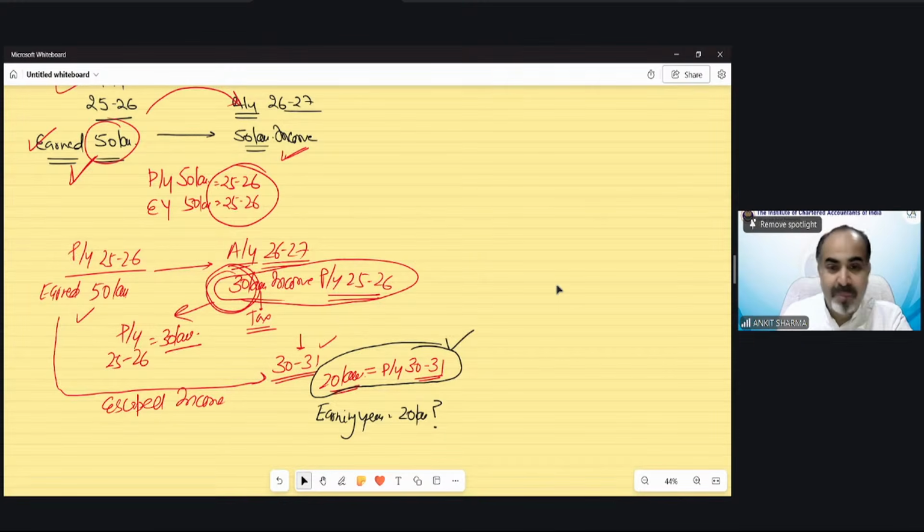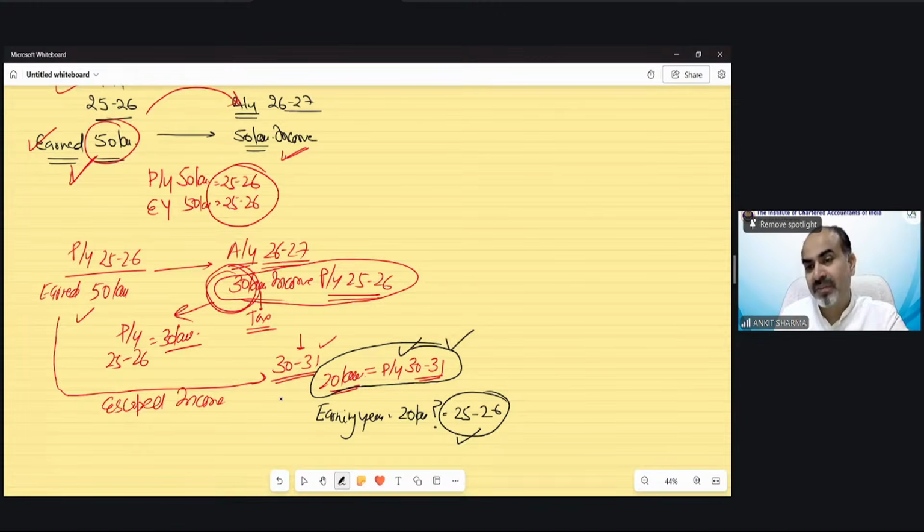No, the earning year will remain the same, because the earning year was 25-26. It will not change, but the previous year will change. The previous year will be the year in which either you explain to the department which year this income belongs to, or the department finds out themselves. That would be the previous year for the department, but the earning year would remain 25-26.